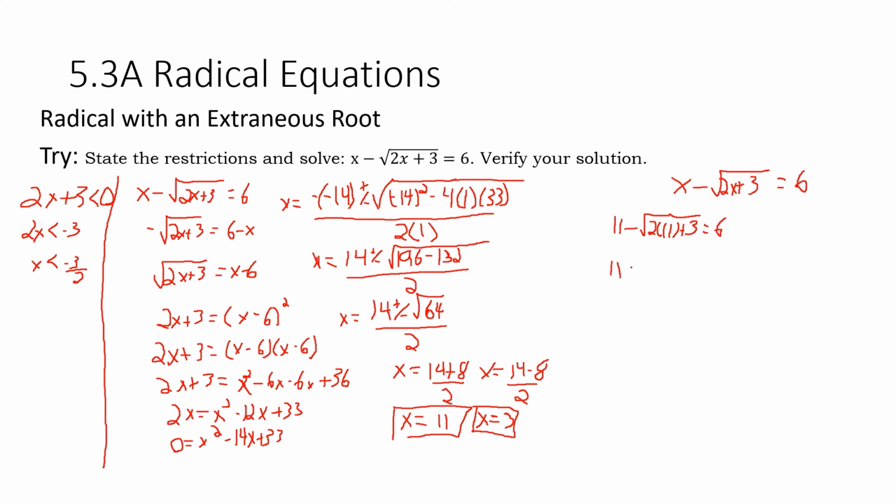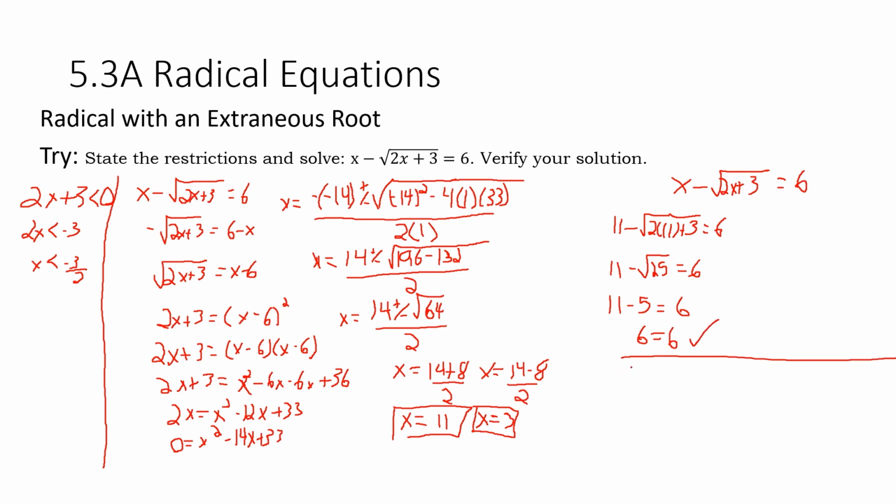So underneath the root, 2 times 11 is 22 plus 3 is 25. So minus square root 25 equals 6. And the square root of 25 is 5. So 11 minus 5 equals 6. 11 minus 5 does in fact work.